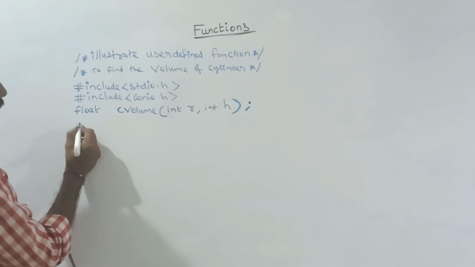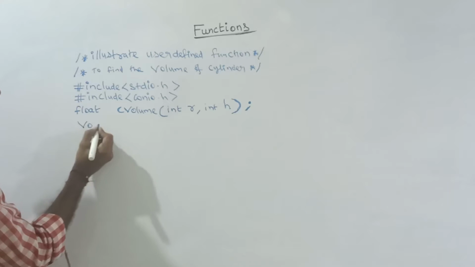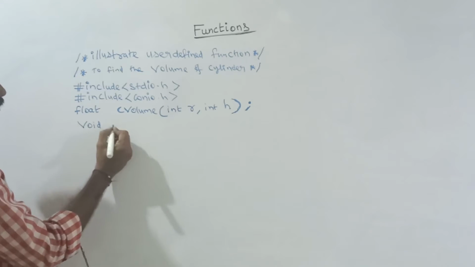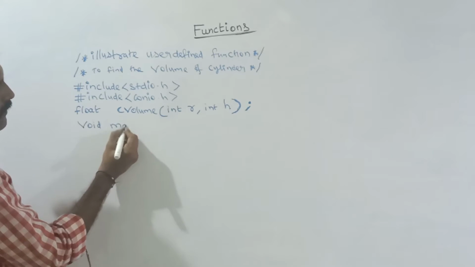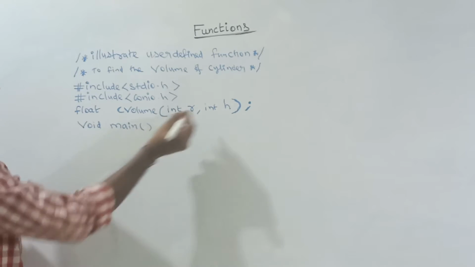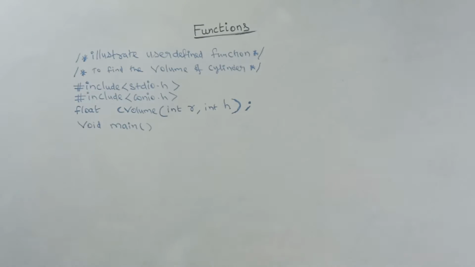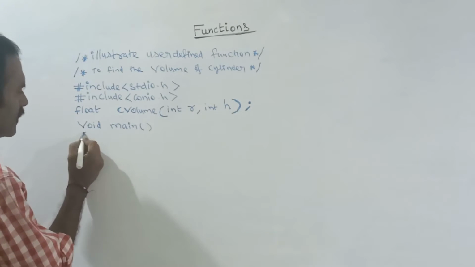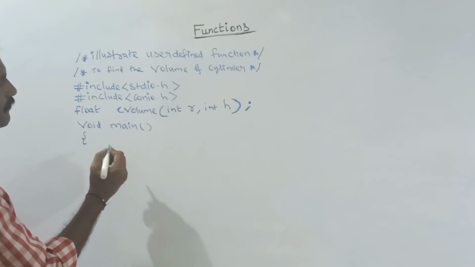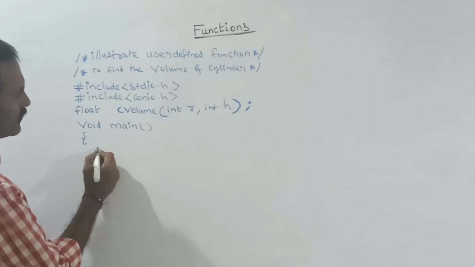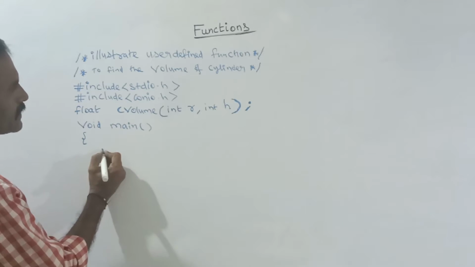Next, void main. Before the main part I declared the user defined function. Here inside main, I should pass the cylinder radius and height.